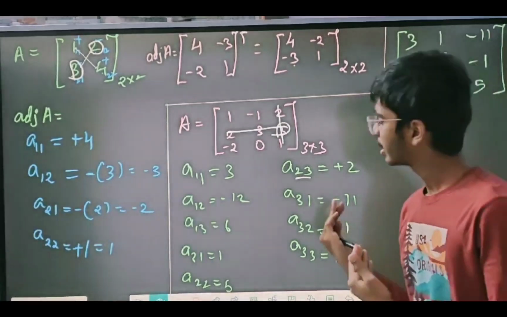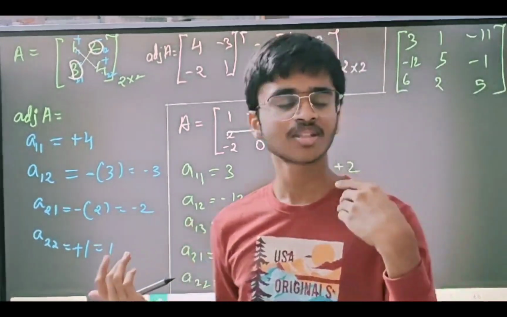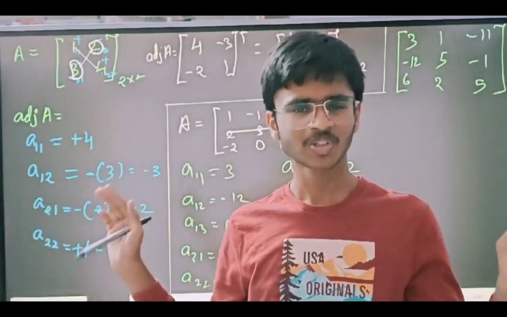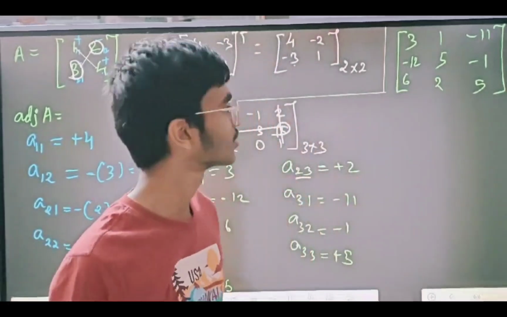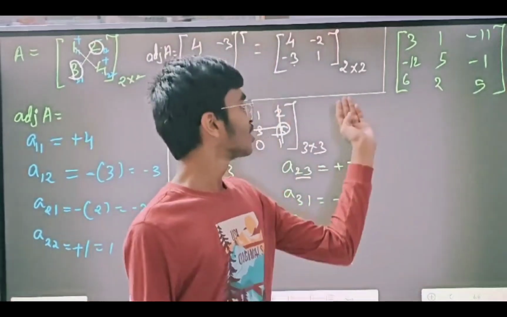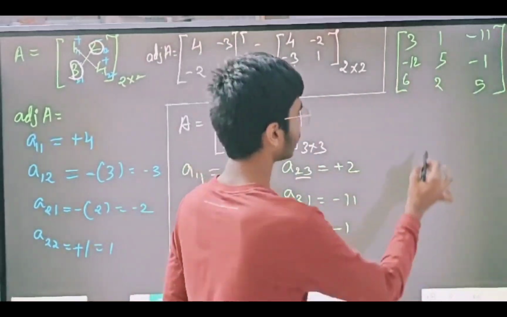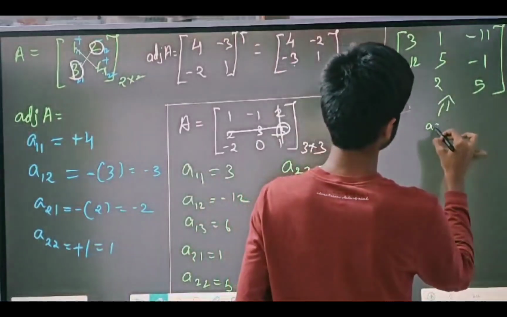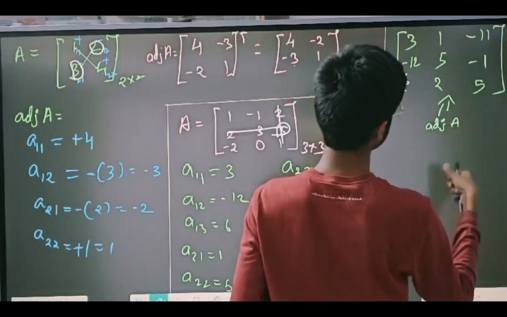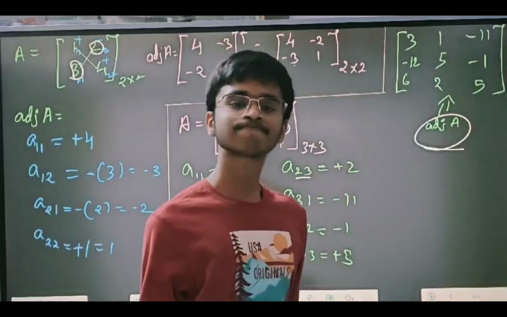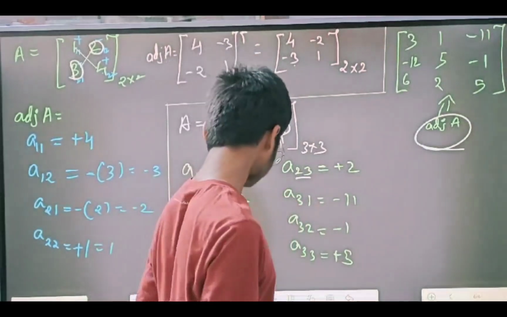If you write it now, that's it. Adjoint is ready. Hot and sweet. So it's ready. Okay, very simple. So you have got the adjoint.